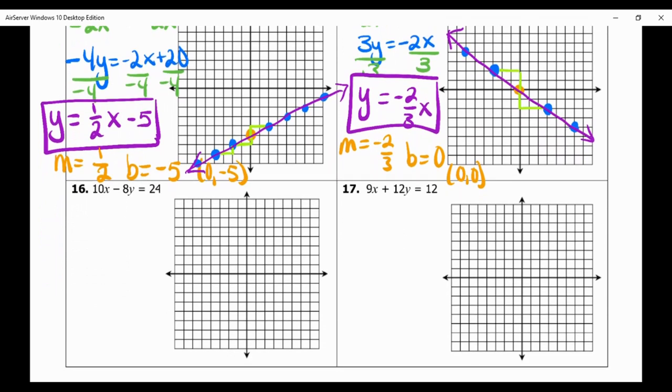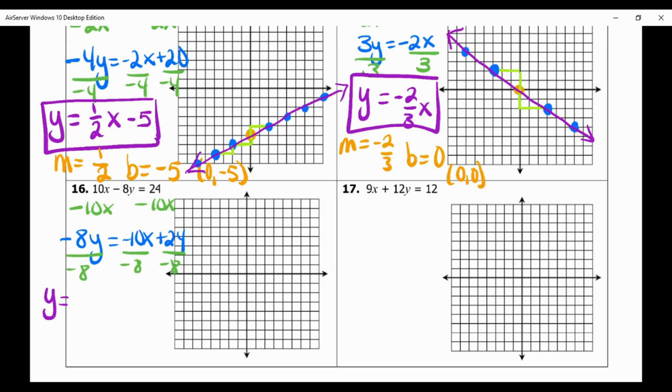And our last two examples, positive 10x, so we're going to subtract it from both sides. Keep that x term first. Divide each term by the y coefficient. Don't lose that negative.